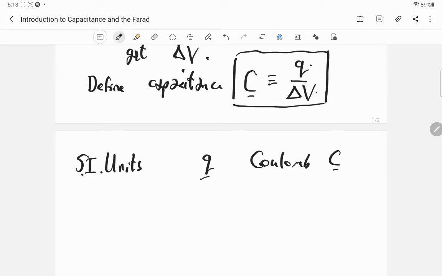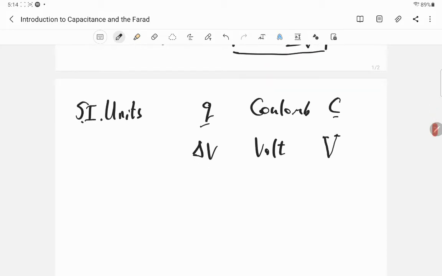It's also labeled by a capital C. The delta V is the volt, right? That's the SI unit. I often put the unit with these little serif capital V's. So whenever you calculate capacitance as Q per delta V, the unit is going to be coulombs per volt, right? That's what the unit is.